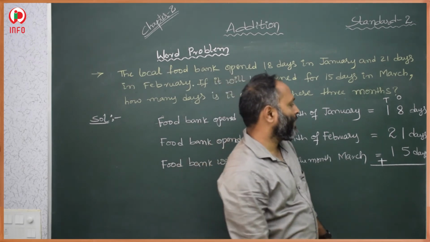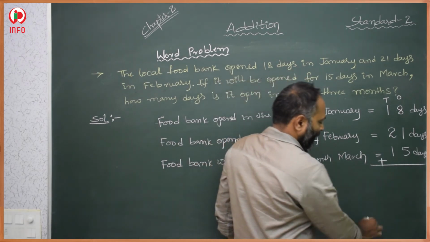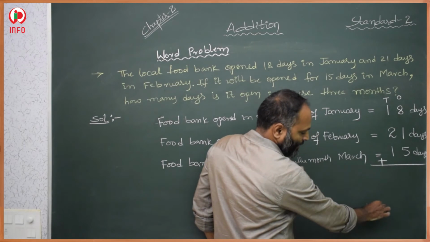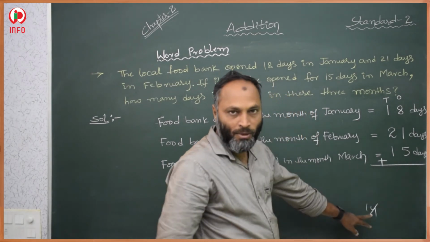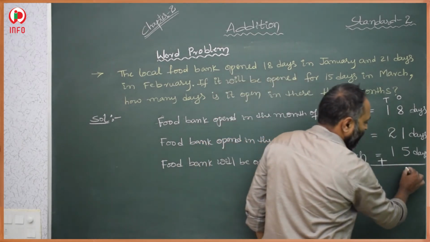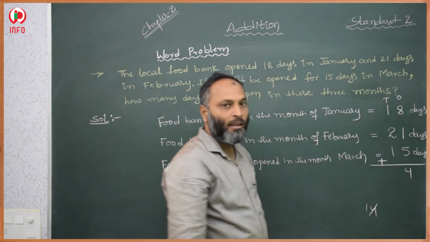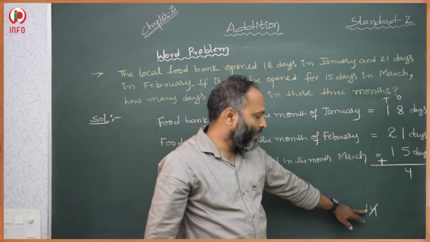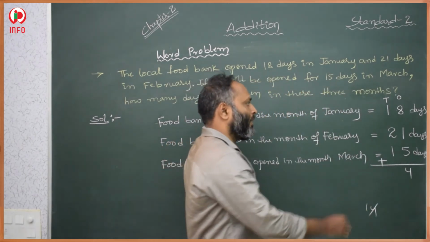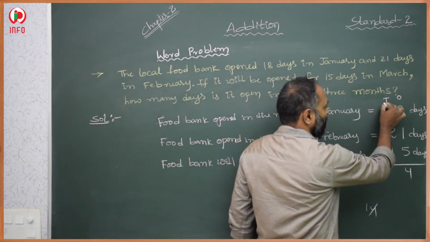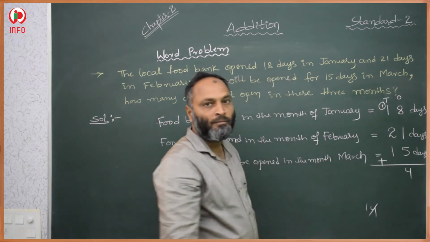In ones place we will get 14. The 4 we keep exactly below the ones place, and the tens place value we keep very next to it, in the tens place.